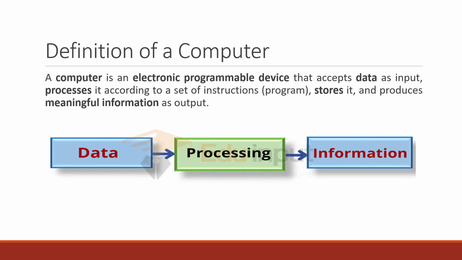Here A and B are considered as data. In between A and B, we have one operator. That's one instruction. We need to perform the addition. Once that operation is performed, it will produce one result. That result is nothing but information. Here, this is the computer definition.